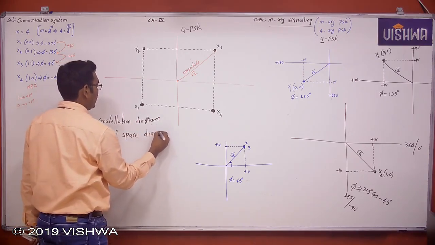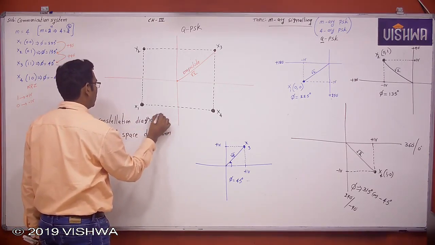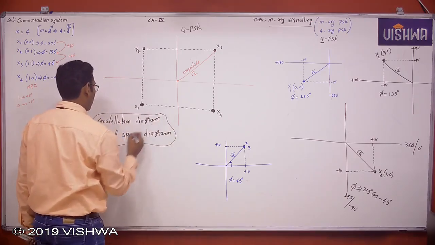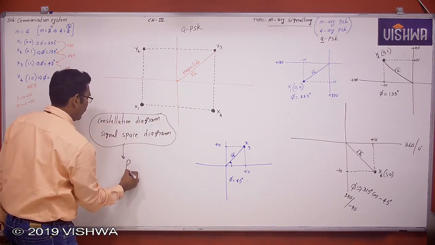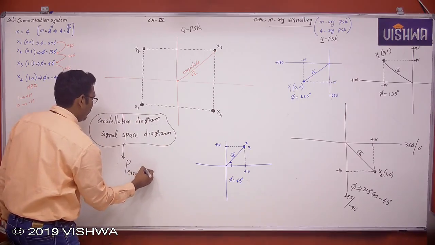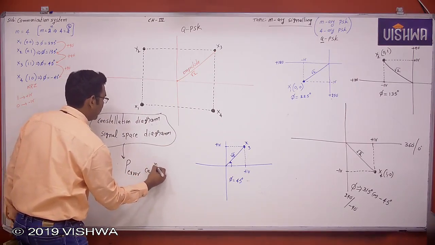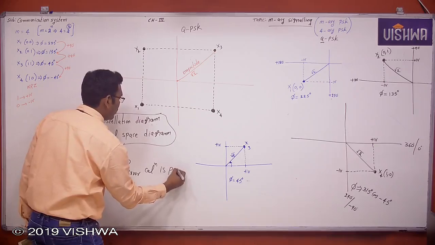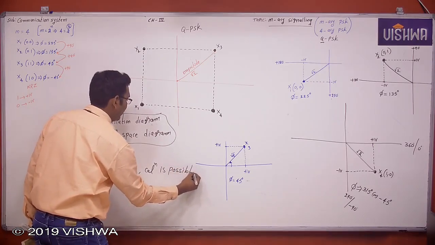These are used for calculations of error probability. Probability of error calculation is possible with the constellation diagrams also.